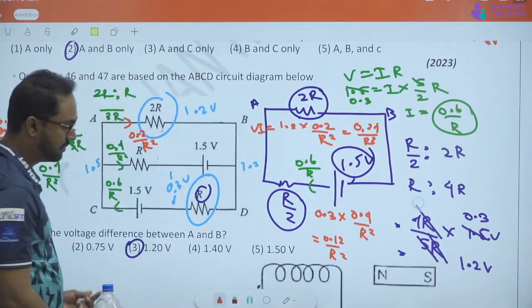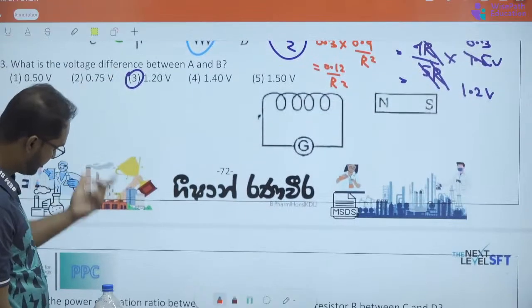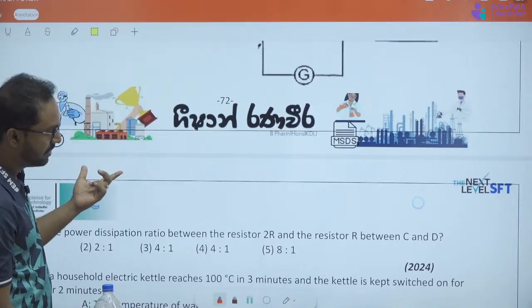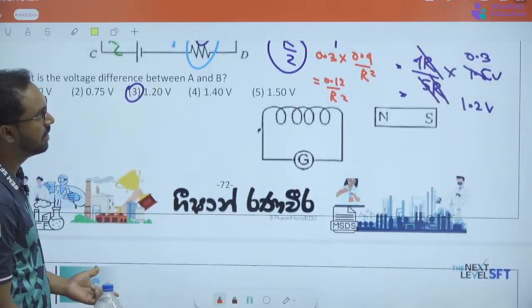Of course, what was the question again? What is the power dissipation ratio between the 2R and resistor R?